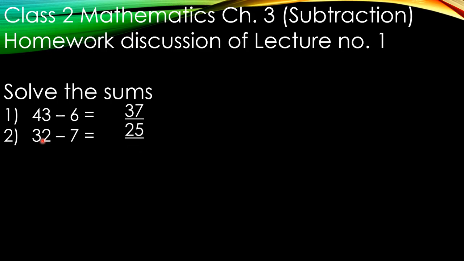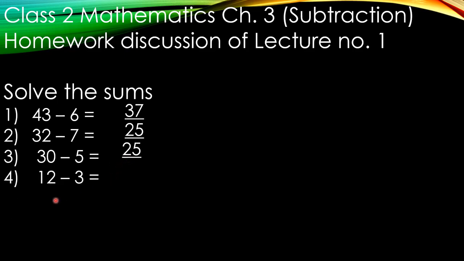So we will write 25 here. Now in question number 3, 30 minus 5. So now keep 30 in your mind and we have to do backward counting. Let's start counting: 29, 28, 27, 26, 25. So our answer is 25.